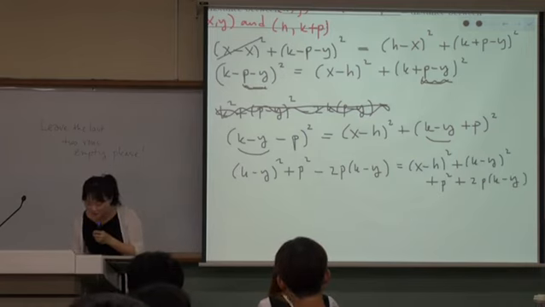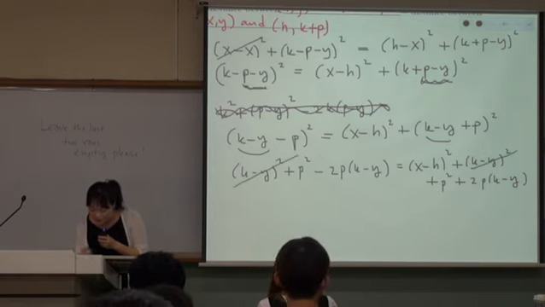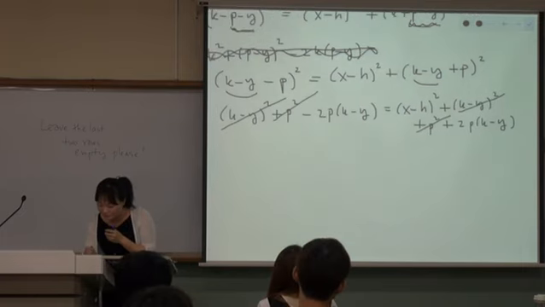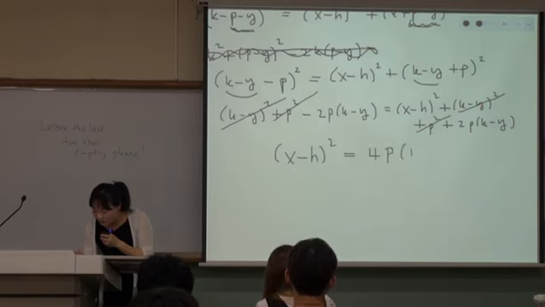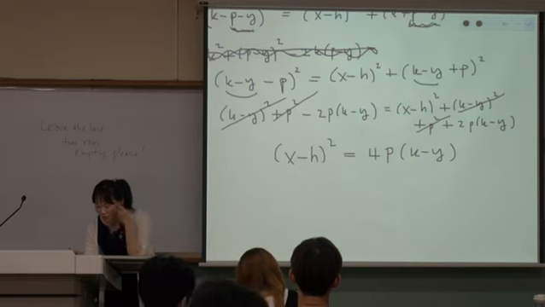Okay, so what cancels out? (k minus y) squared and p squared cancel out. So we get (x minus h) squared is equal to minus 4p(k minus y). It should be (y minus k).